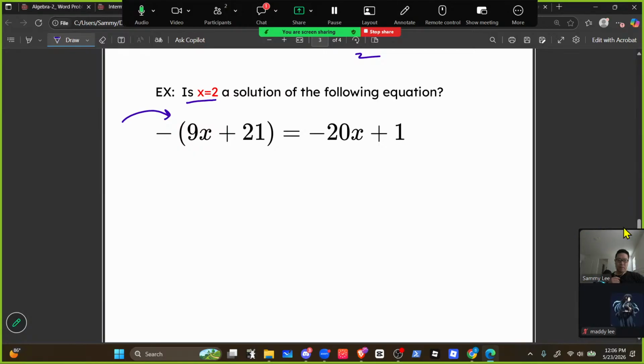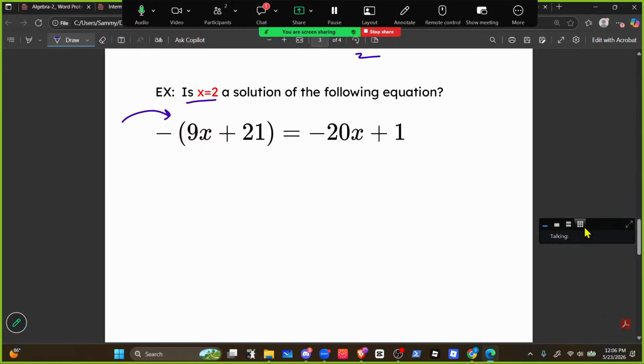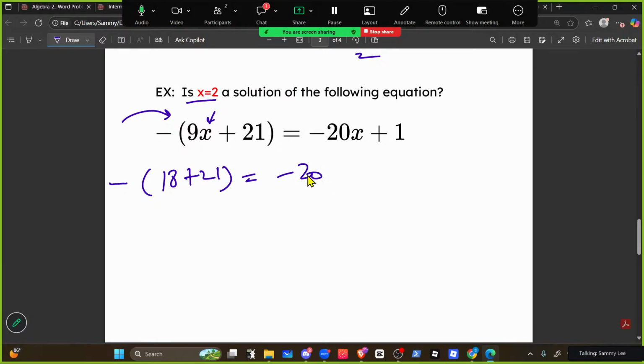I'm done. Okay, so all we have to do is plug it in. 9 times 2 is 18. So we have 18 plus 21. And then on the right side, we have negative 20 times 2, which is going to be negative 40.